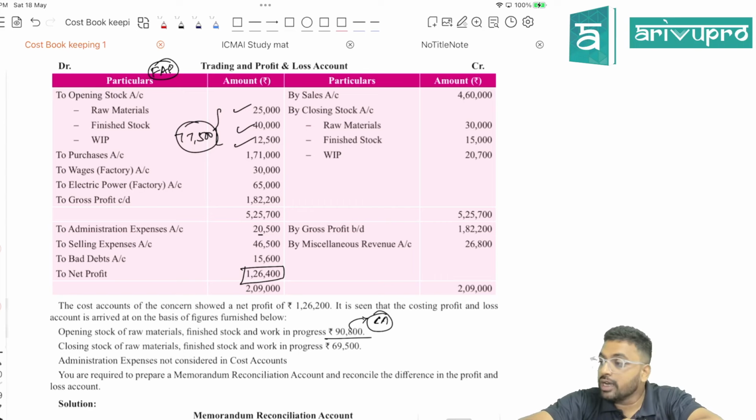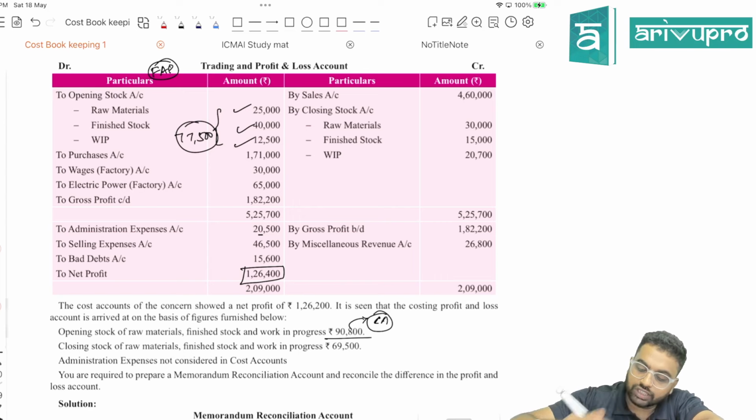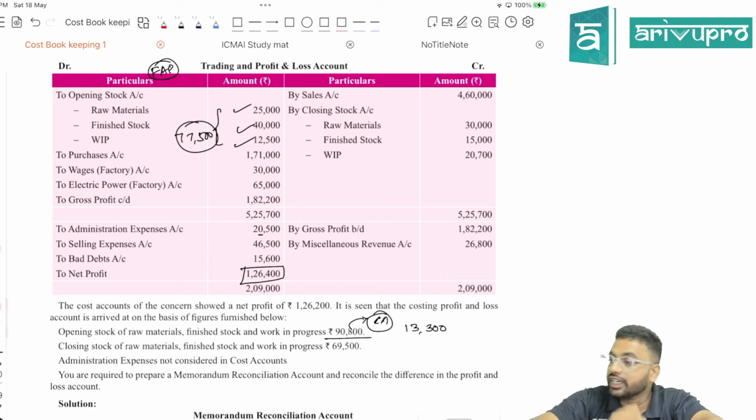So how much extra did we show in the cost account, sir? Opening stock, in cost account, the extra we showed is 13,300. We showed 13,300 extra expense in the cost accounts. Extra expense in the cost account means, sir, profit in the cost account is lesser.